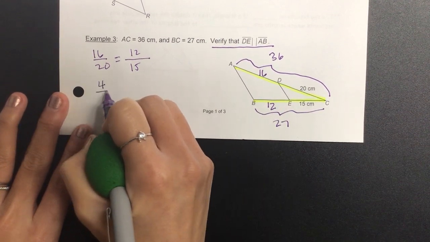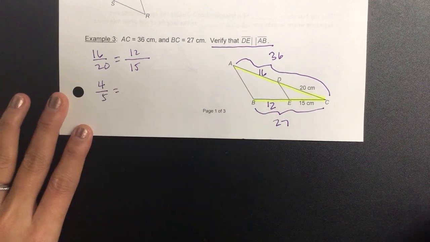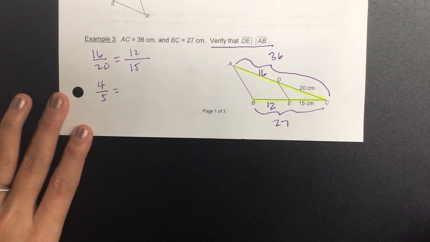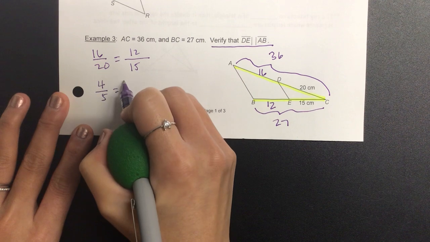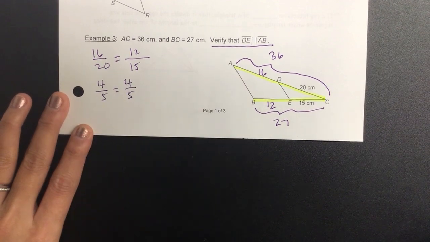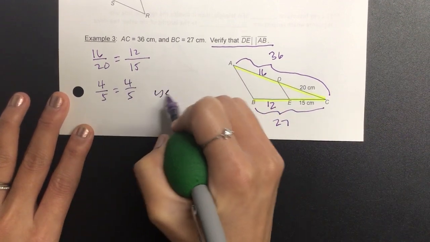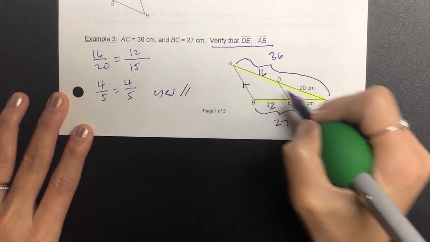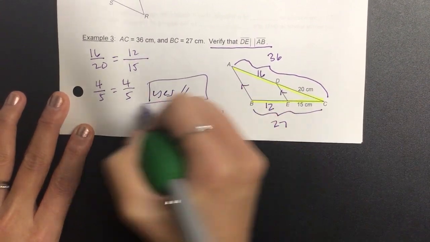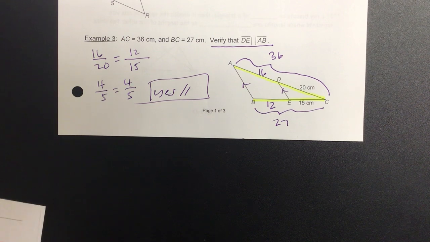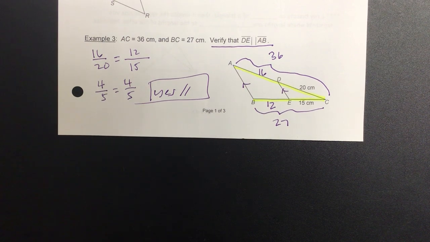So we have 4 over 5. 12 and then 15 are both divisible by? 3. So then I have 4 over 5. Are they congruent? Yes. So we know yes, they are parallel. They are parallel because it is proportional. And you have to justify with the work, which we have done.